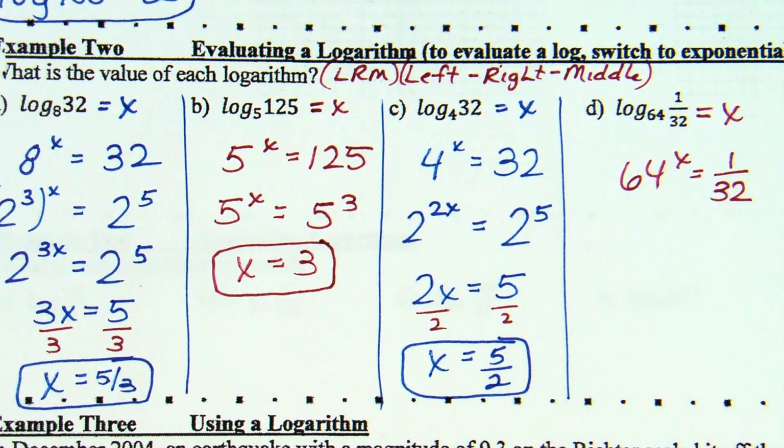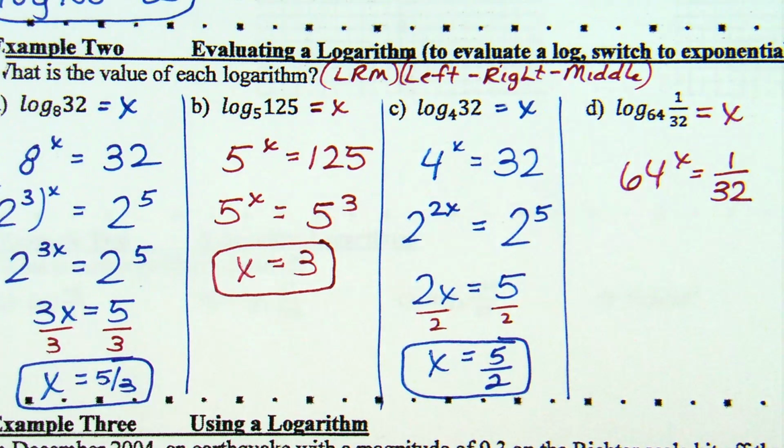Okay. Where can I find 64 and 32? In the 2 list? Now, you do have to be careful because 64 is in that list. 64 is also in the 4 list. 64 is also in the 8 list. But which list is better this time? The 2 list, because not only is 64 there, but 32 is there.